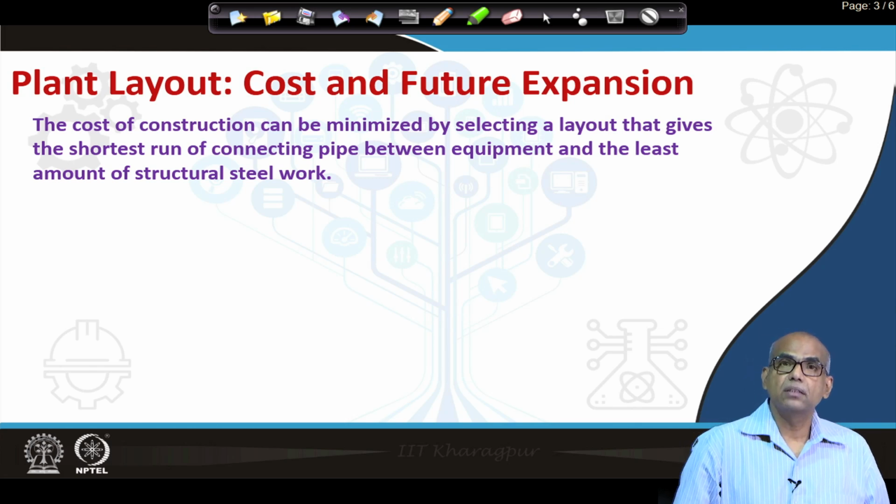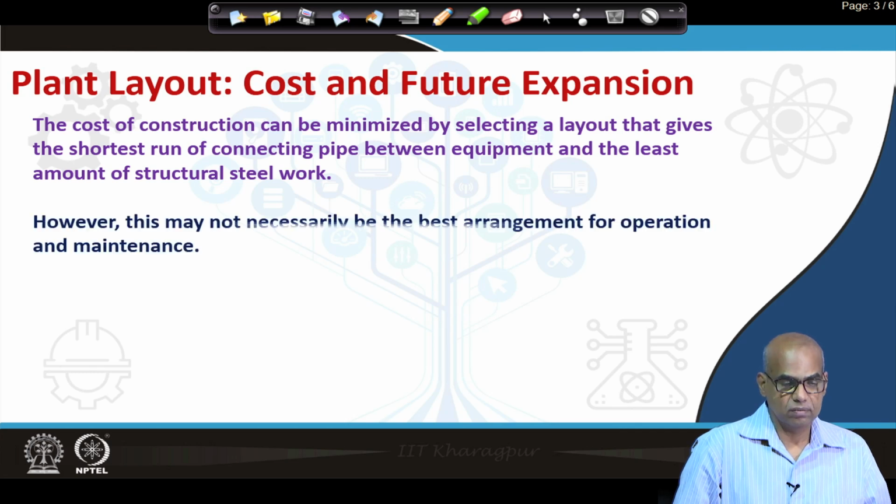These are the factors that need to be considered for plant layout based on cost and scope for future expansion. The cost of construction can be minimized by selecting a layout that gives the shortest run of connecting pipe between equipment and the least amount of structural steel work.